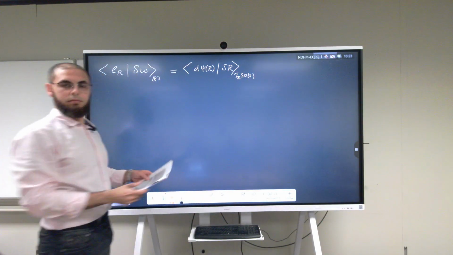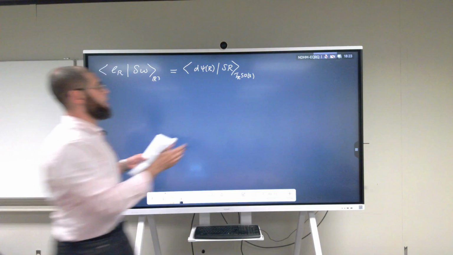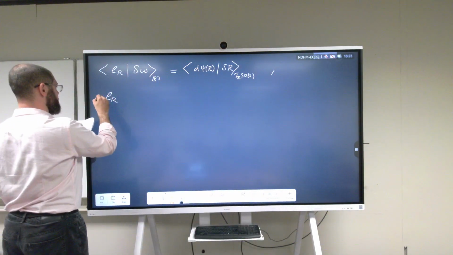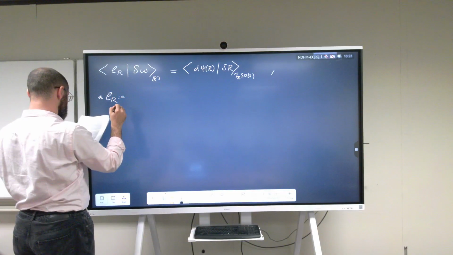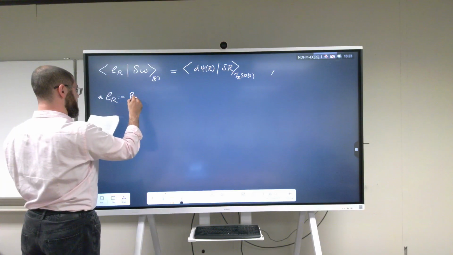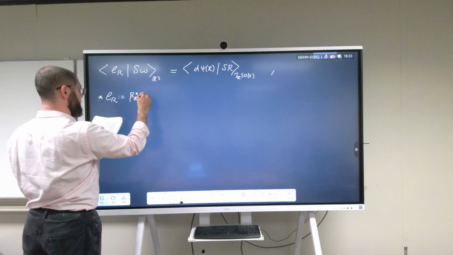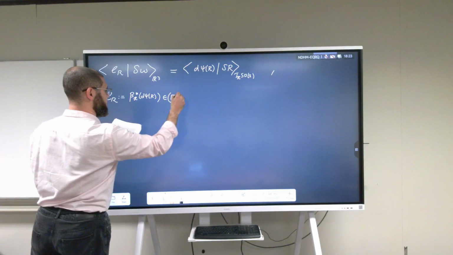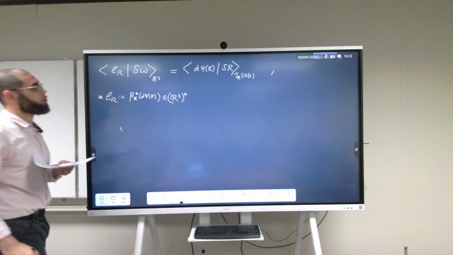You all make sense? And we define the epsilon, the ER, the error. So this is an error variable. And we defined it as beta R star of d psi of R. And it's a covector in R3. Now the question, how do we define it?